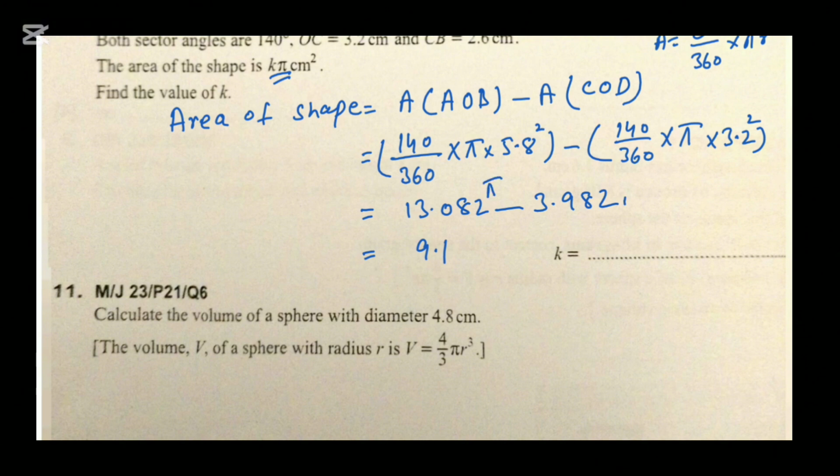Pi, pi will remain as it is, 9.1 pi. So if you will compare it with k pi, this will be the value of k, 9.1. So you have to be very careful that you will not solve pi because your area of shape is in k pi. So the value with the pi will be k, so that will be your answer.